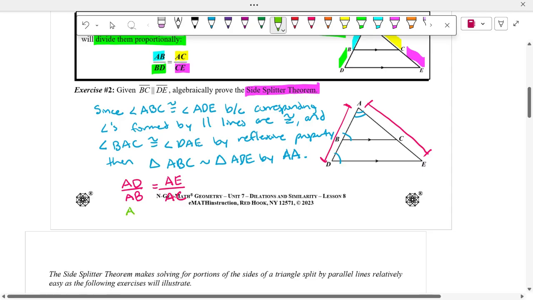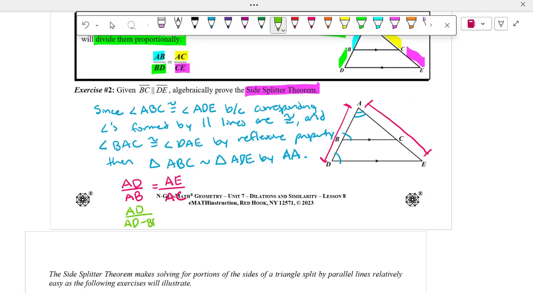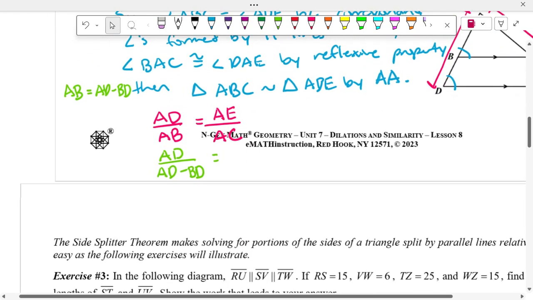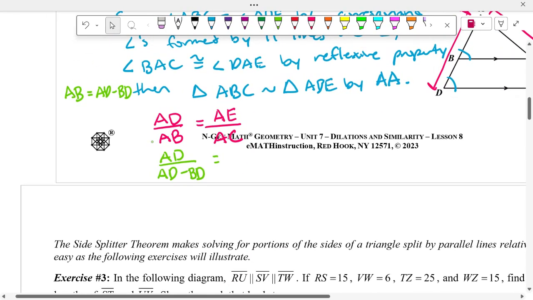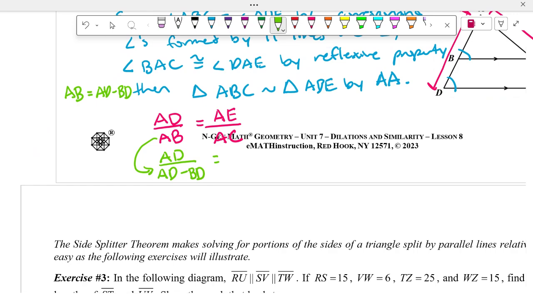So AD over AB, where AB is equal to AD minus BD. So I'm replacing AB with AD minus BD.